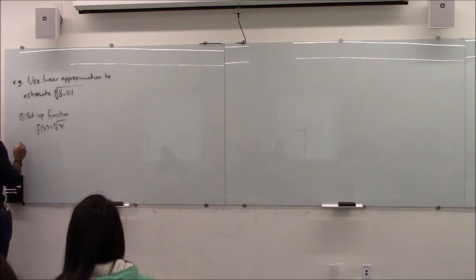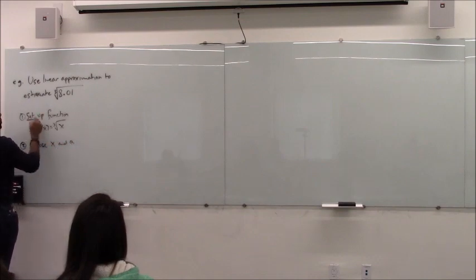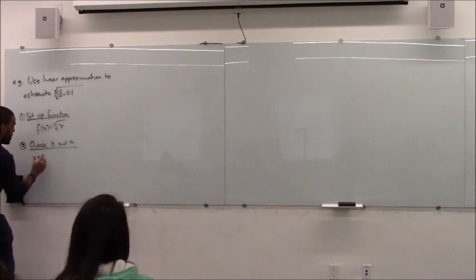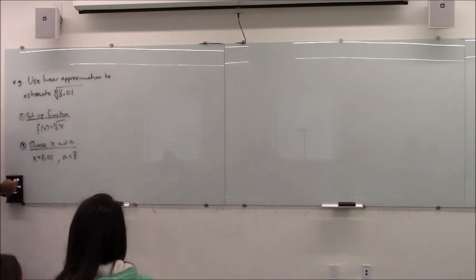And two, you mentioned that you found your x and your a. So that's the next thing. You said your x is equal to the actual value that you want, and your a is something close to that, which you chose 8. So what you should know is x is the actual value you care about.